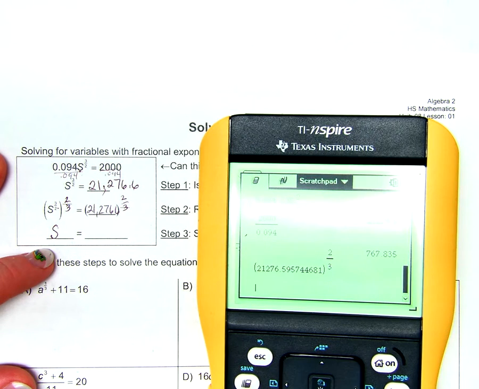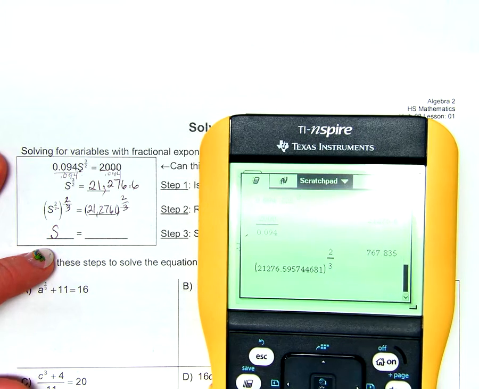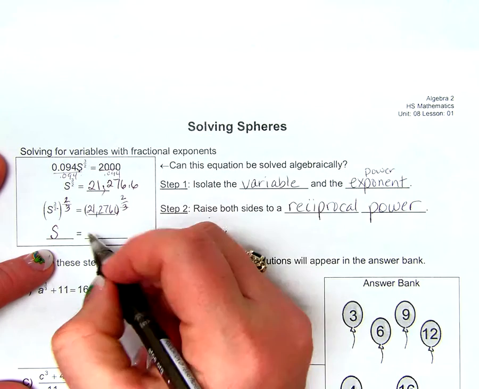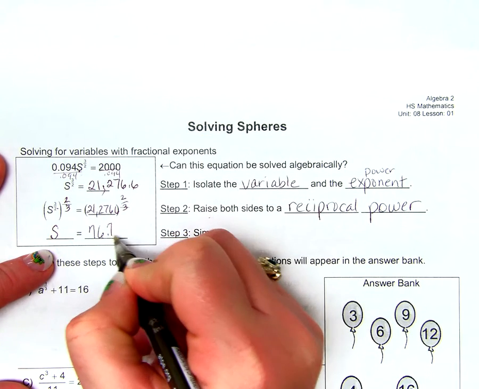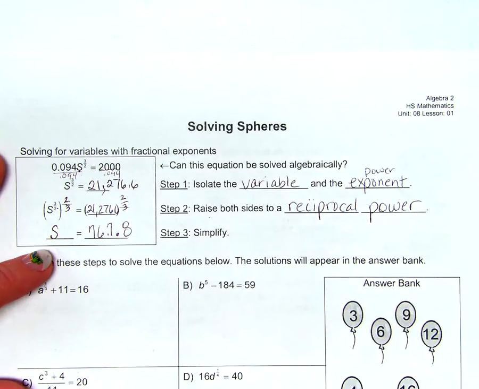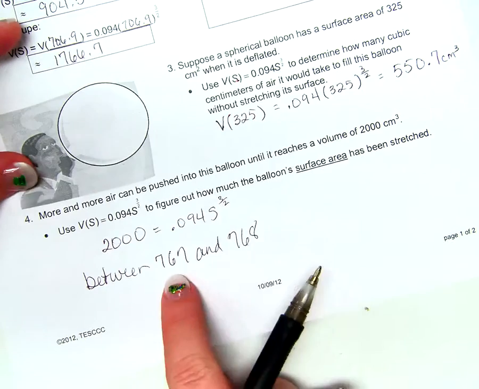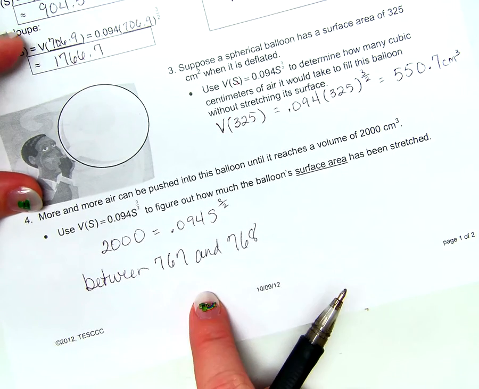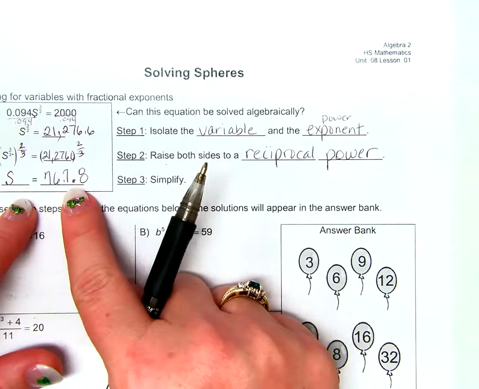And I get 767.8. Now, is that something close to what we got a minute ago? Yeah, absolutely. But this is more of a guess, and this is more of an exact answer.